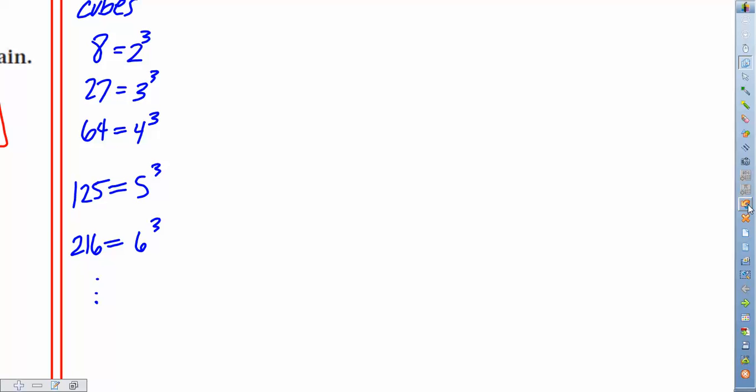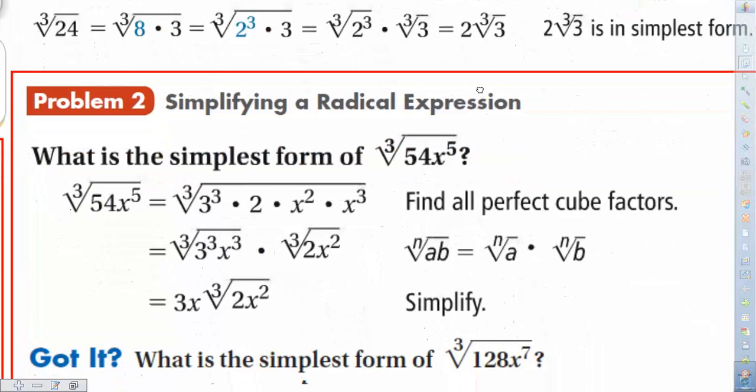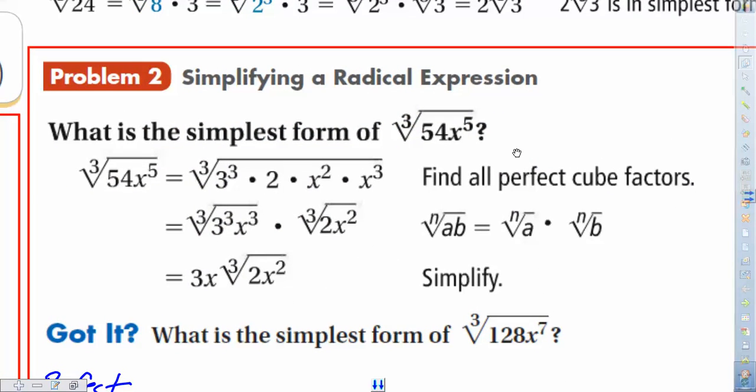So when we're starting to simplify, say, cube roots, we are looking for perfect cubes to factor, not necessarily perfect squares. See how this perfect cube list gets used in this example right here in problem 2. What's the simplest form of the cube root of 54 times x to the 5th? Let's be careful here. We do a little bit of highlighting.